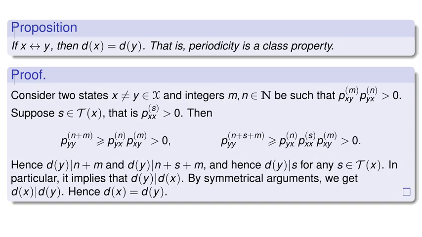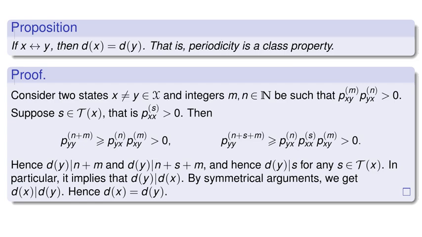Consider two distinct states x and y in 𝒳 that communicate, and let m and n be natural numbers such that P_xy^m times P_yx^n is greater than 0.